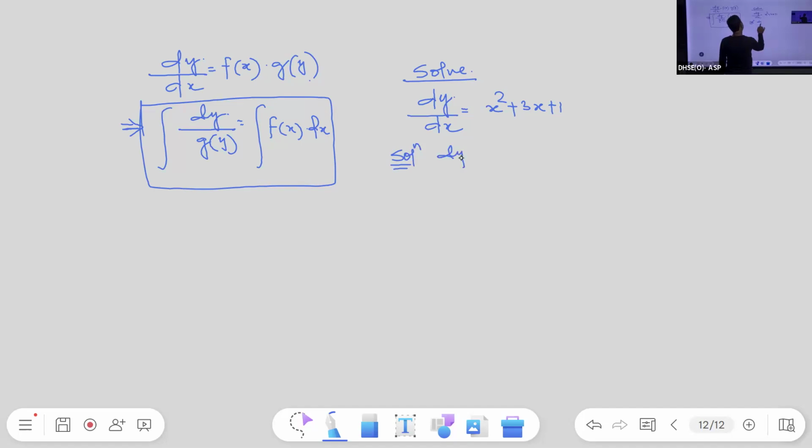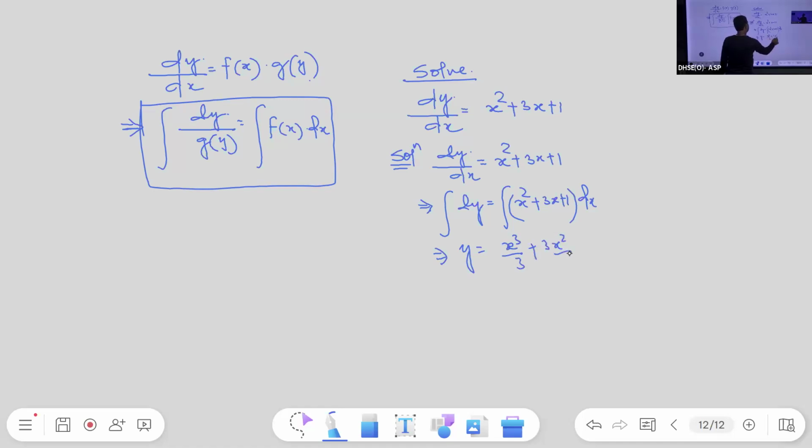This implies integral dy equals integral x square plus 3x plus 1 dx. So y equals x cube upon 3 plus 3x square upon 2 plus x plus a constant c.